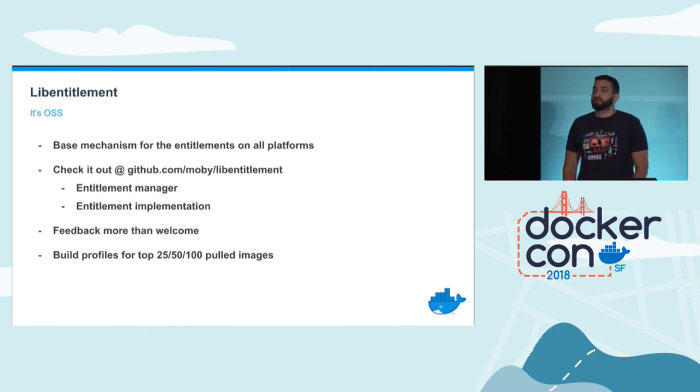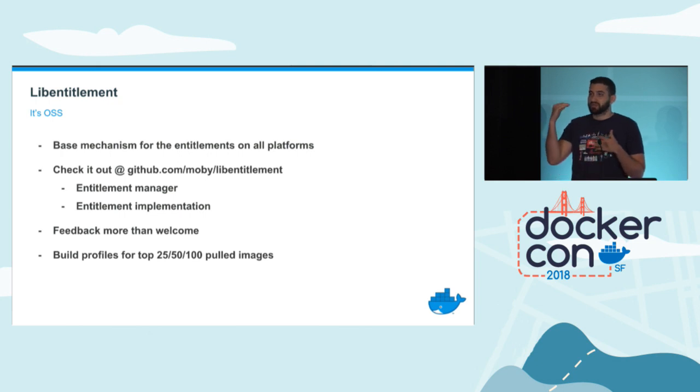The base mechanism for this is available and open source. It's available under the Moby umbrella in the libentitlement repository. Feel free to check it out. It basically contains an entitlement manager and the current entitlement implementation.